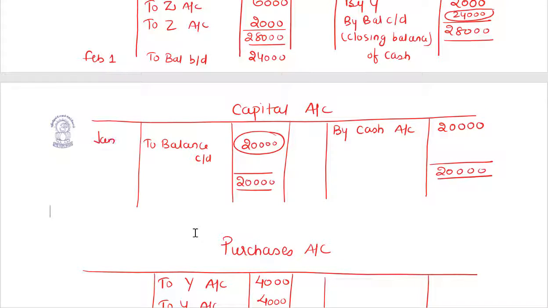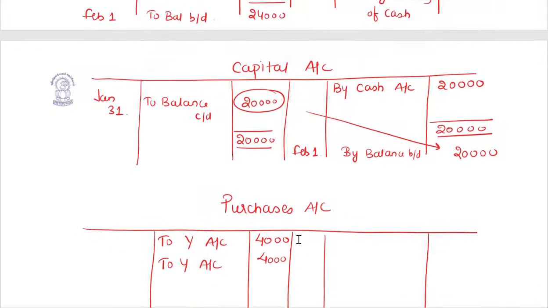Closing date, that is January 31. The very next day, that is 1st Feb, it will act as an opening balance. So by balance brought down, this 20,000 will be shifted from there to here.